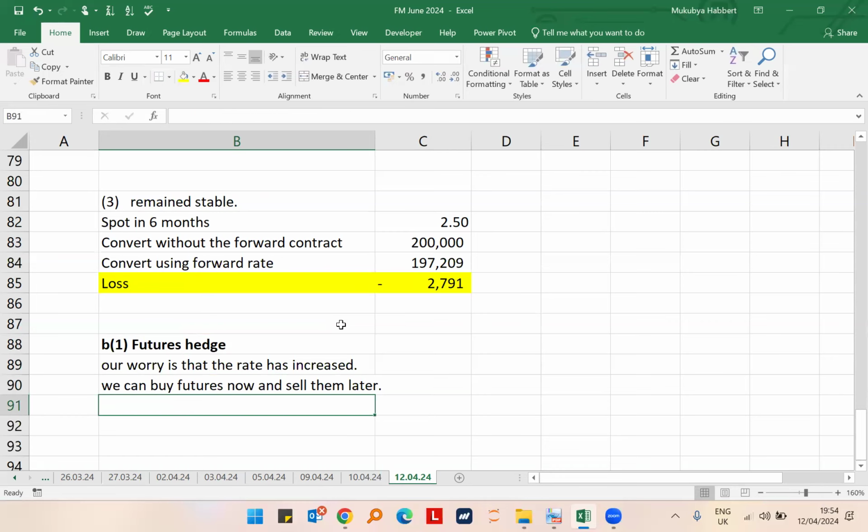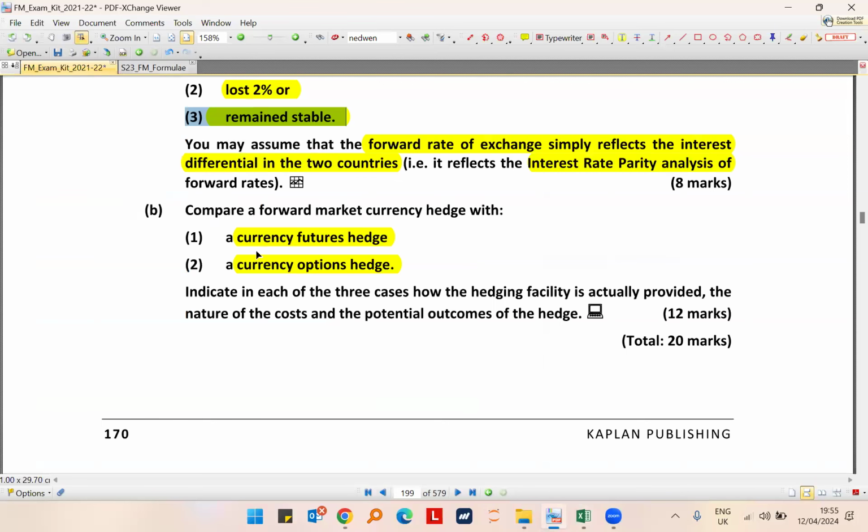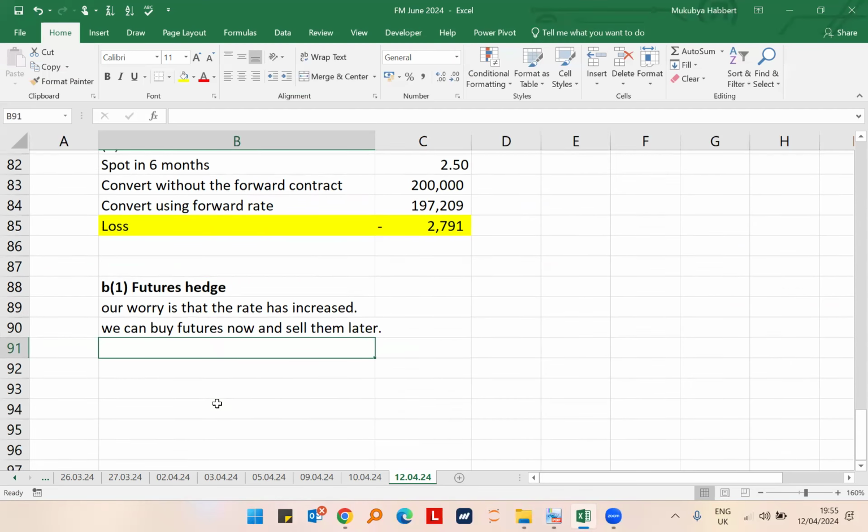But now, of course, I'm just putting this here, but then you need to realize that we are going to explain what a future is. So remember, the question was clear that we are comparing the forward market with the futures hedge. So we are not just talking about the future.